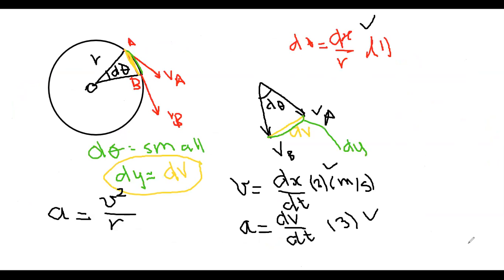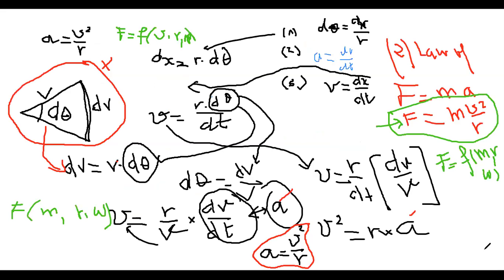This we have seen before. Now somebody must write the F in function of mass, radius, and the angular velocity. What is the F?